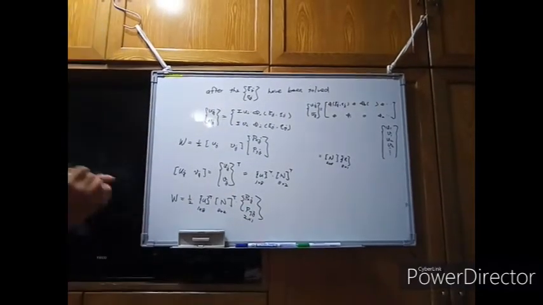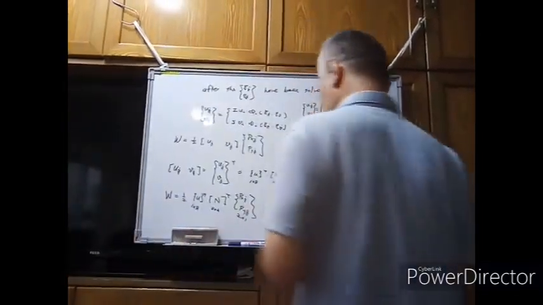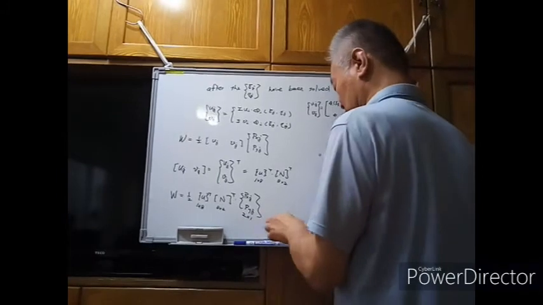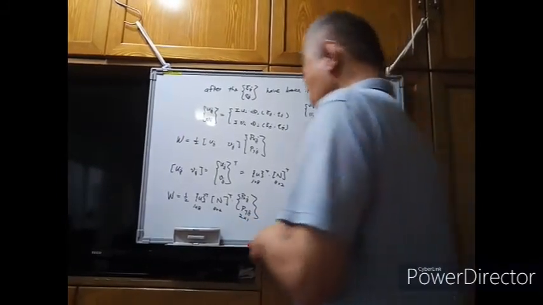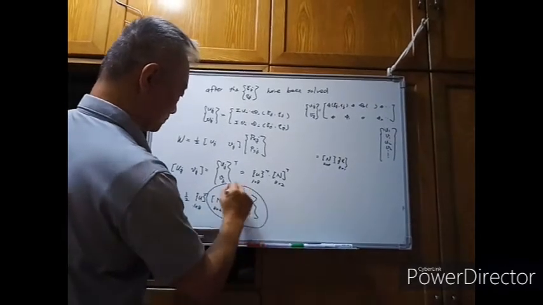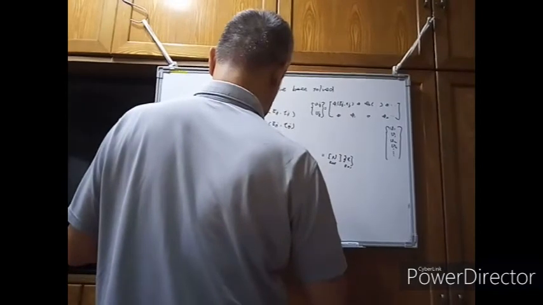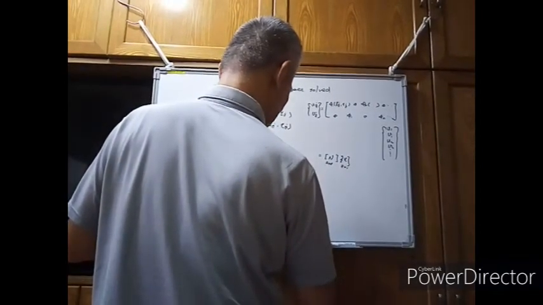And sometimes we multiply the second and the third matrix. If we multiply these two together, it will be a vector which is 8 by 1.